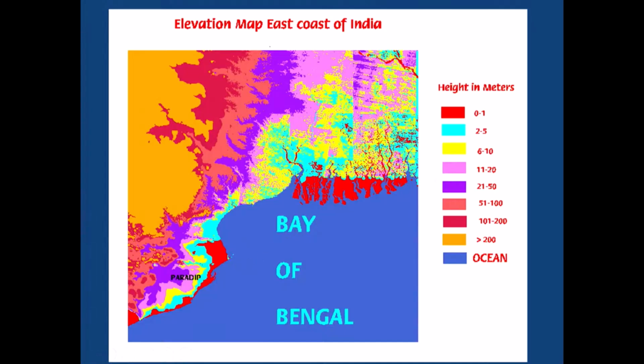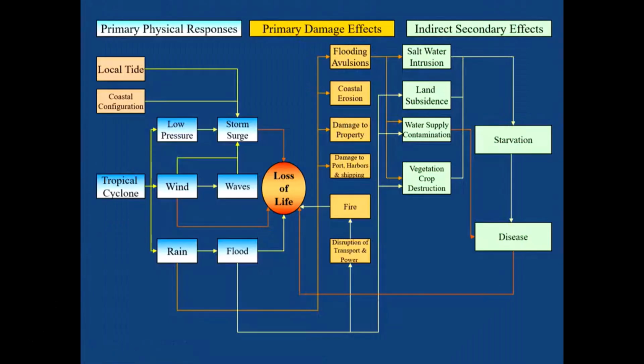Every year a cyclone is formed in the Bay of Bengal and crosses one of the coasts, and so these are all causes, that is local primary physical responses, and this is primary damage effects, and indirect secondary effects that happen due to the cyclone.